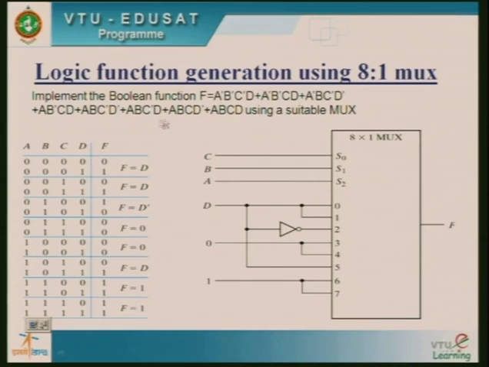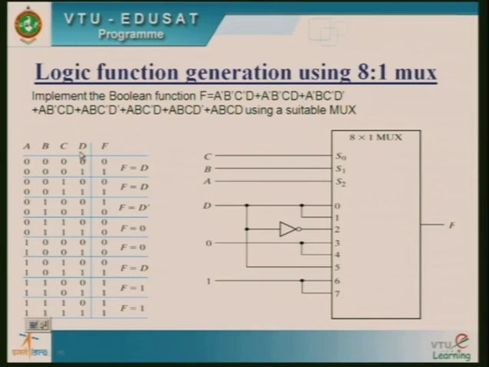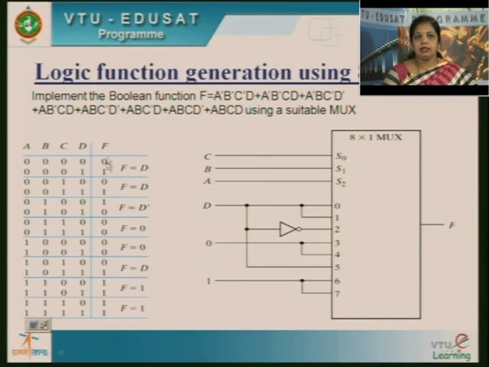Wherever these terms are there, I will be entering logic 1. These terms represent minterms. Since there are 4 variables A, B, C, D, I am going to take 4 variable inputs, and that function I am going to write at the output side.